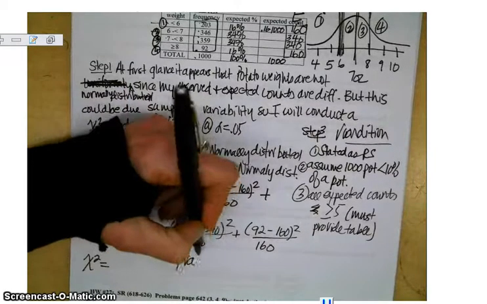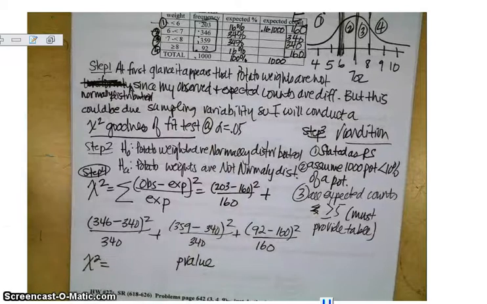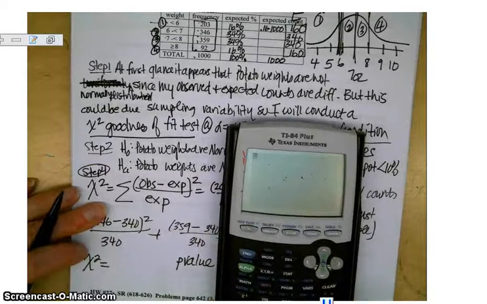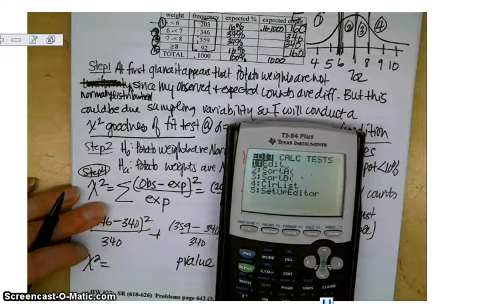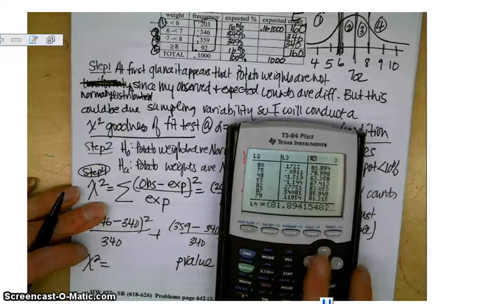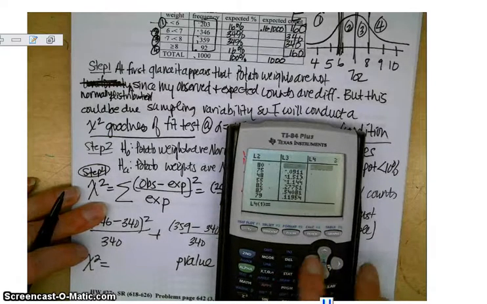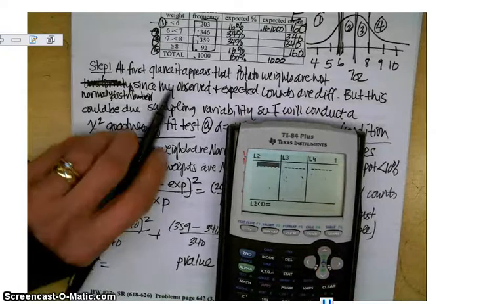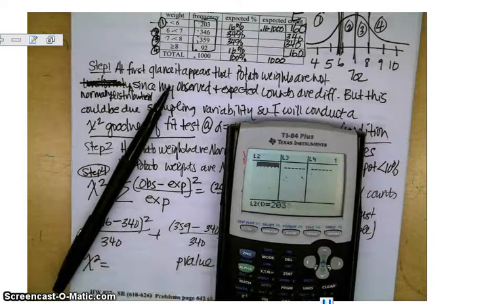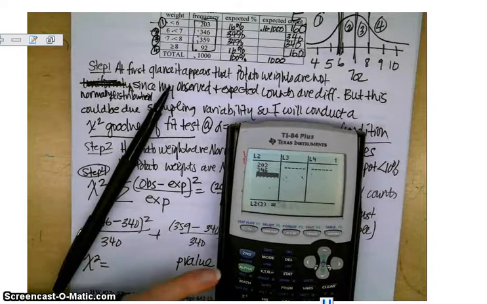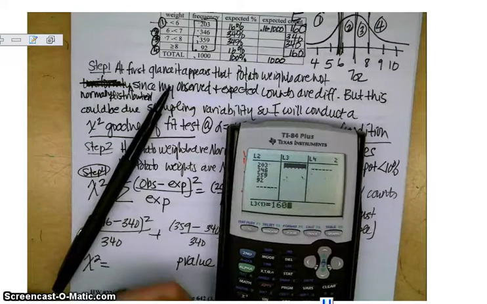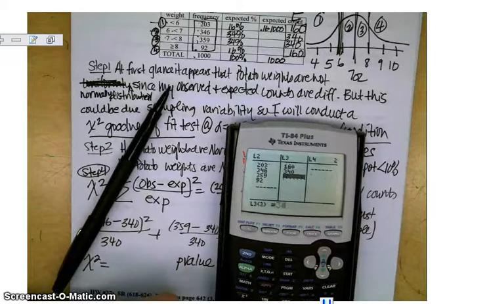It'll calculate your p-value for you. In order to use this test on your calculator, you have to go to your lists and enter your data. You would enter your observed in list 1 or whatever list you have, and then your expected. You still have to do the calculation of the expected here.